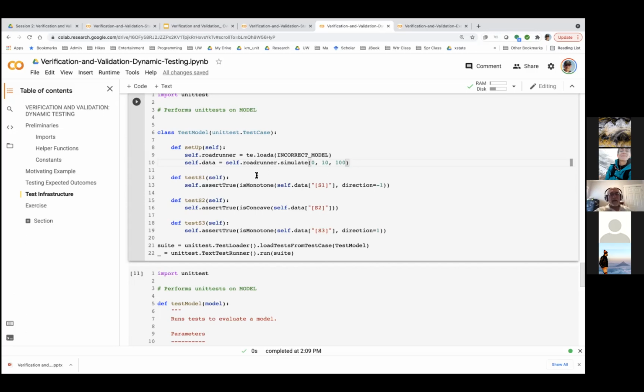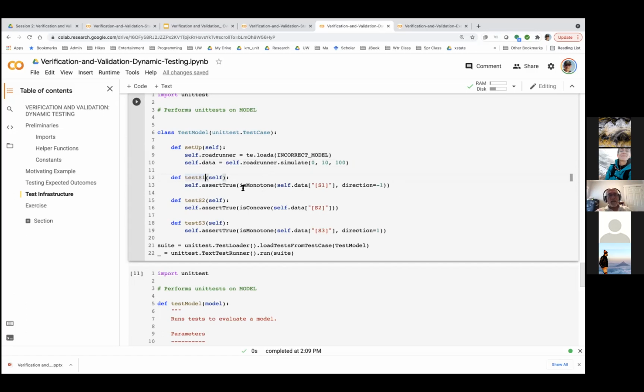And then what we have is we have tests for each species, or really, it probably would be better to say for each outcome that we're interested in, but it's organized here by species. So for S1, species 1, we expect that to be monotone increasing.